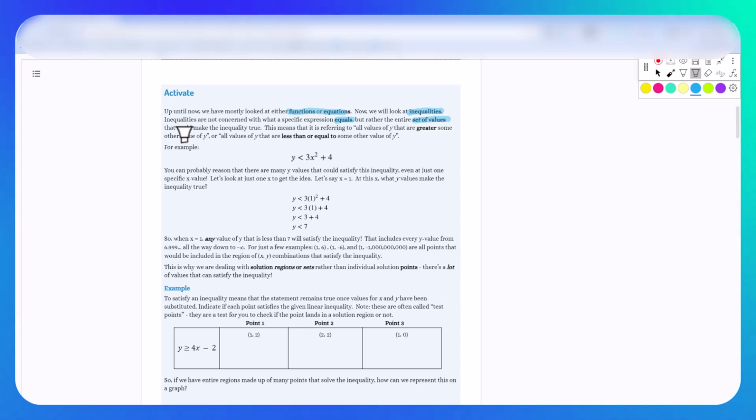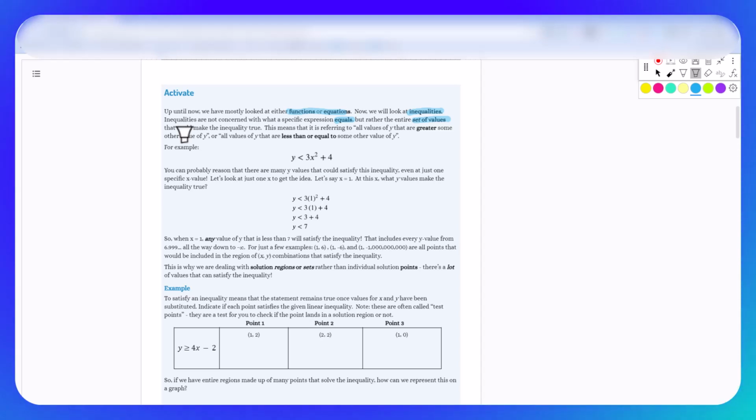This means referring to all the values of y that are greater than some other value of y, or all the values of y that are less than or equal to some other values of y. And these are some examples, and let's go into what that might mean.